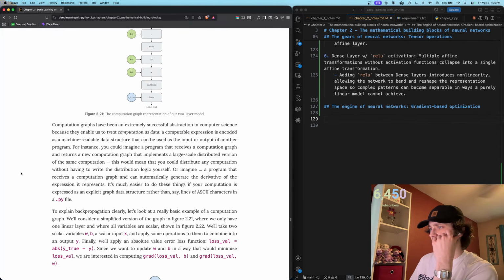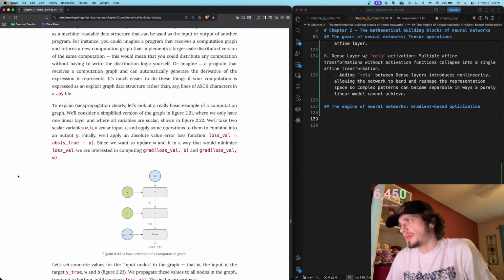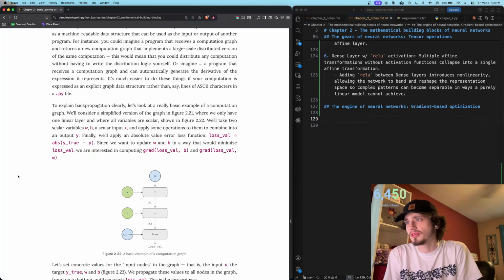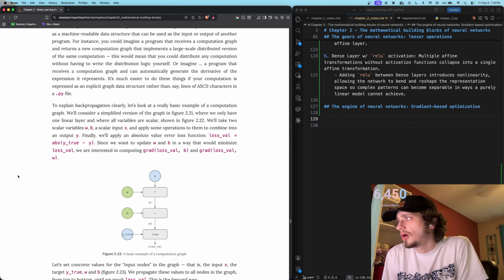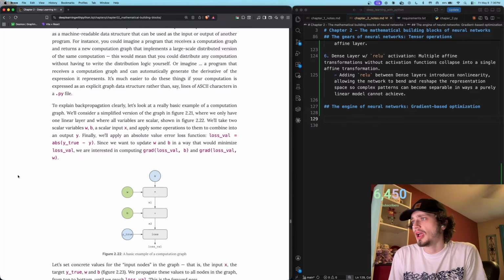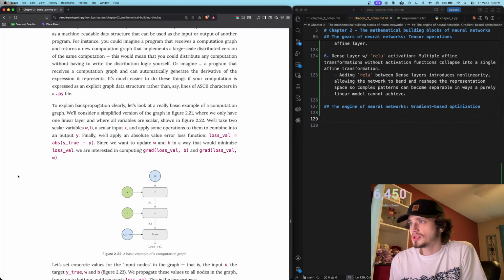To explain backpropagation clearly, let's look at a really basic example of a computation graph. We'll consider a simplified version of the graph in figure 2.21, where we only have one linear layer and all variables are scalar. Shown in figure 2.22, we take the two scalar variables w and b and a scalar input x, and apply some operations to combine them into an output y.